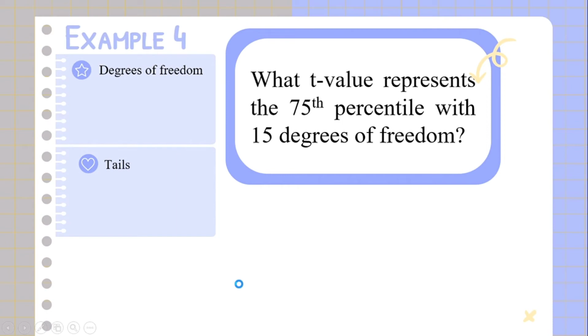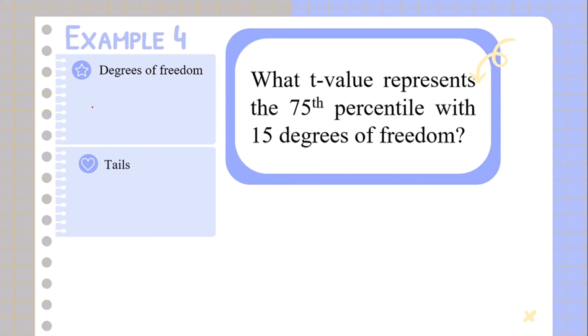For the fourth example, what t-value represents the 75th percentile with 15 degrees of freedom? Ngayon naman, ang hahanapin natin is yung t-value. Paano natin malalaman ang t-value? Then, gagamitin natin ang degrees of freedom na 15 and 0.75 na cumulative probability since ang ating percentile is 75th.